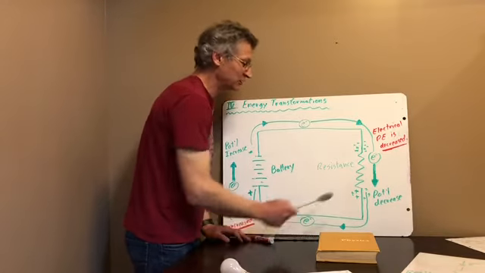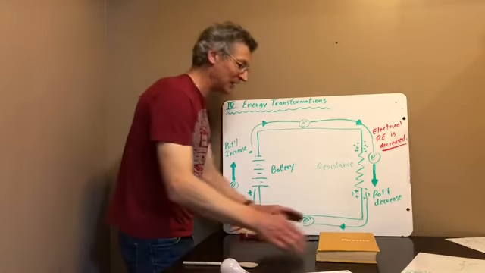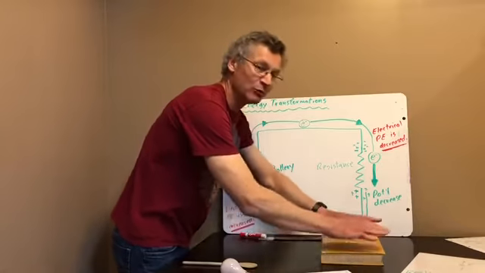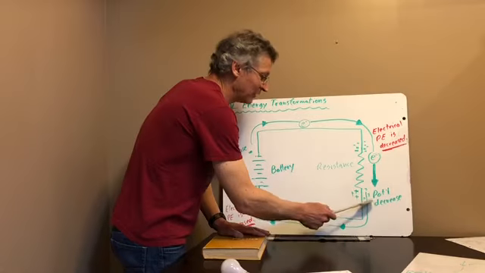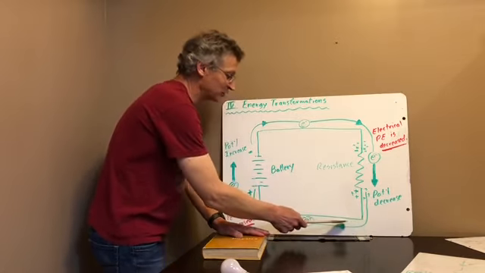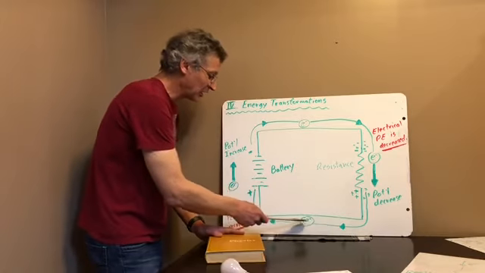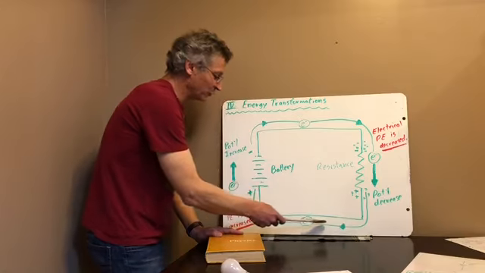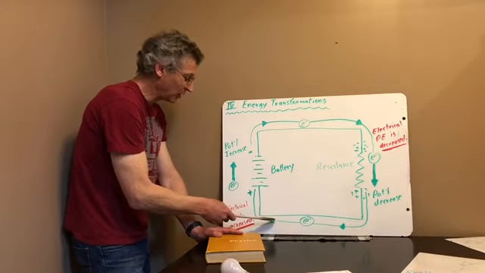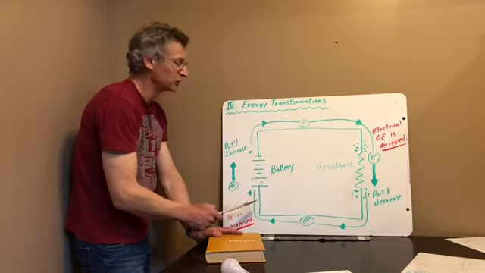So when the electron gets to here, it's kind of like the mass on the table. No gravitational potential energy. Once the electron gets to here, it doesn't have any electrical potential energy left, and it just glides along because it doesn't take any work. It's really easy to move through a conductor, and it glides along back to here and starts the process over.